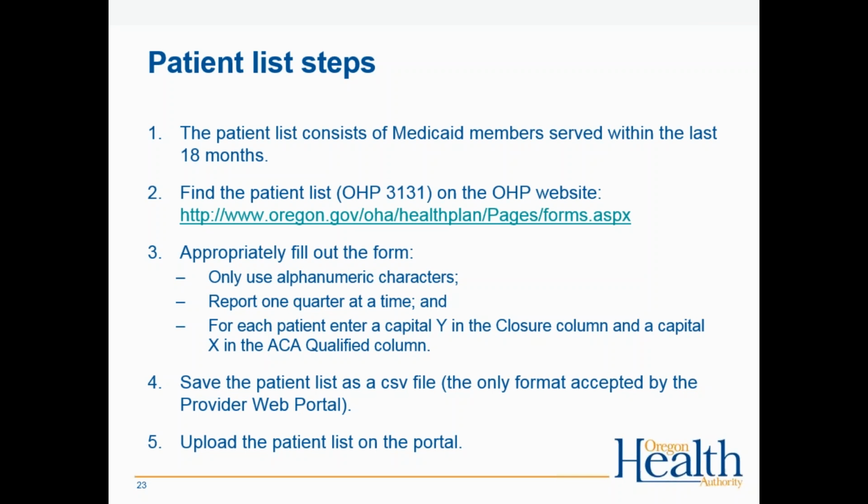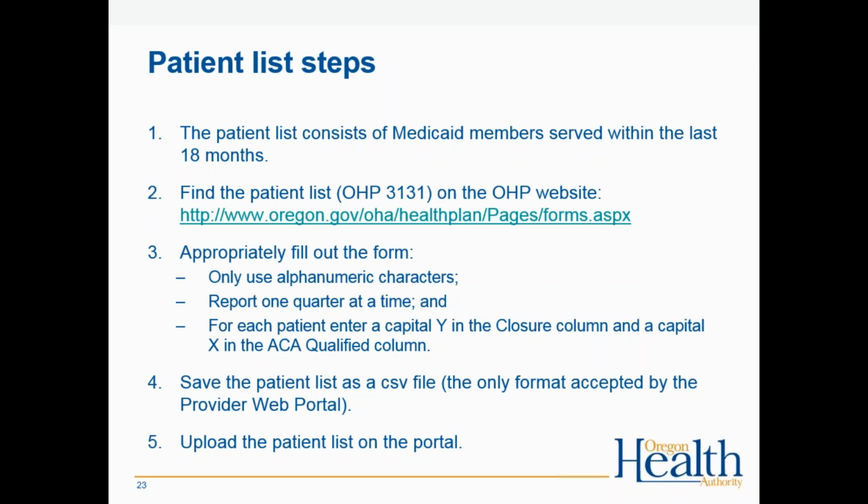So if someone had an office visit 17 months ago, they're going to be on this list. They refer to that as the 18-month look back. If you're familiar with that term, you will find the patient list on the OHP website. Again, it's the OHP 3131, and this is a link directly to our forms page, and you would be able to look for OHP 3131 under the list there.